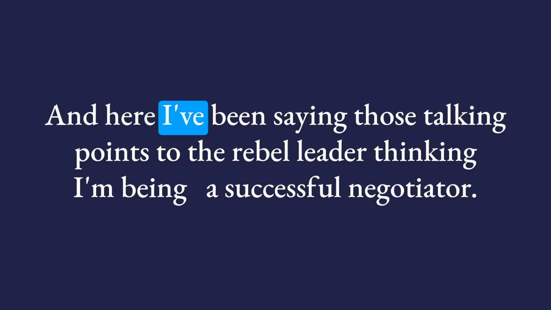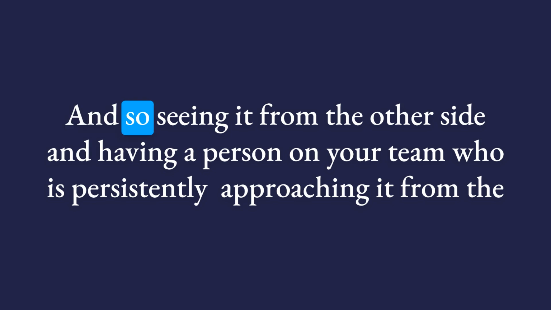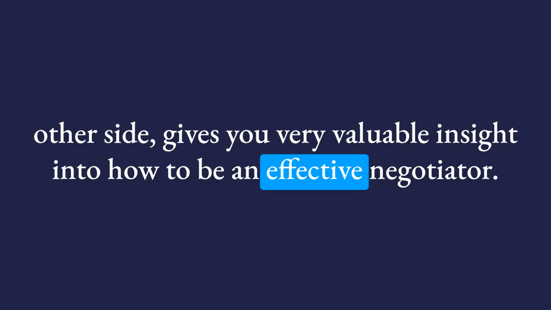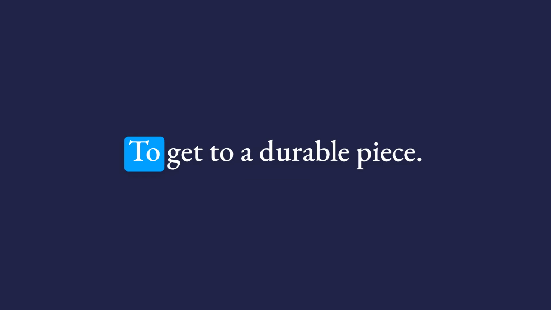And here I've been saying those talking points to the rebel leader, thinking I'm being a successful negotiator. And so seeing it from the other side and having a person on your team who is persistently approaching it from the other side gives you very valuable insight into how to be an effective negotiator and to get to a durable peace.